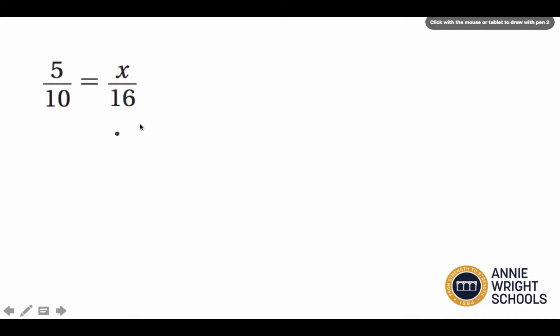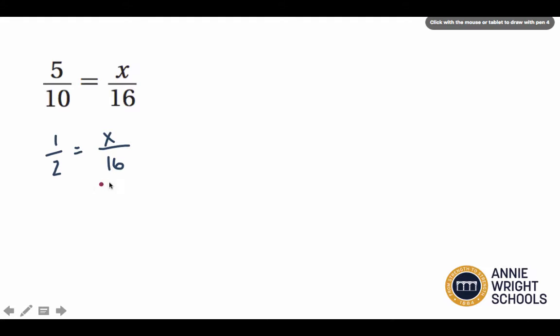So I don't teach proportions the way most math teachers teach proportions. I'm going to teach this like I would teach any equation. First thing to do is to simplify. So notice that 5 over 10 can be written as 1 over 2. Now, a lot of my algebra and pre-algebra students can solve this once I write that.